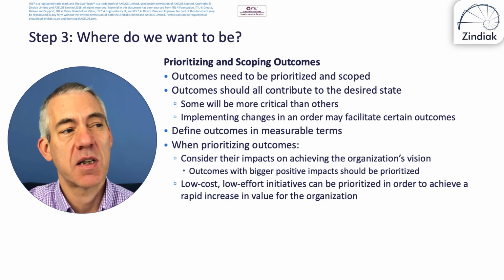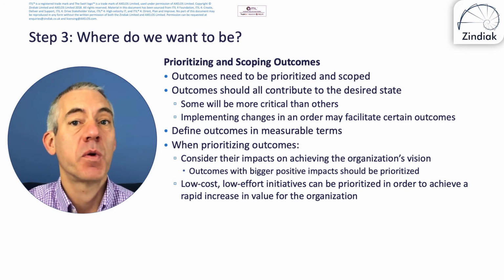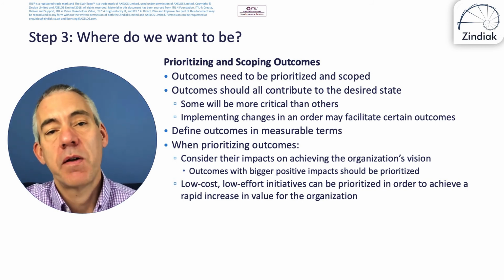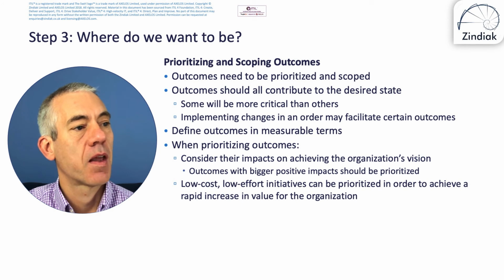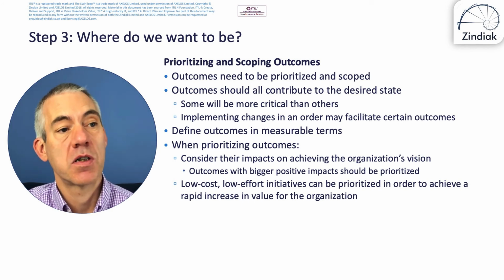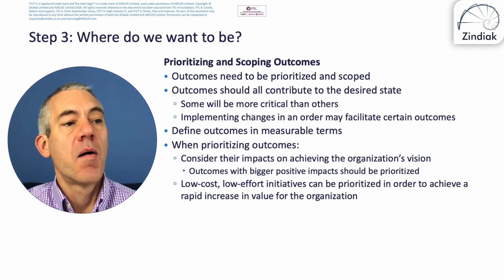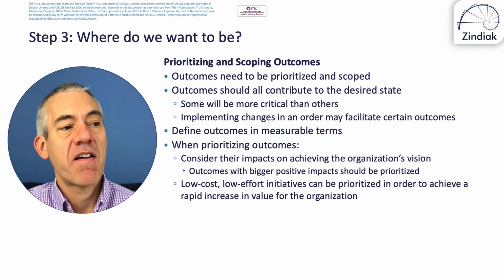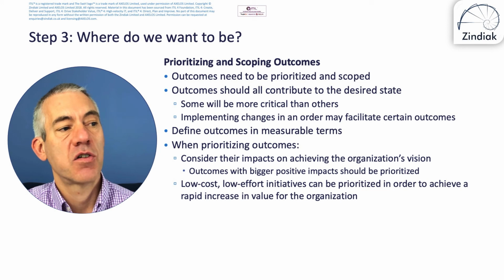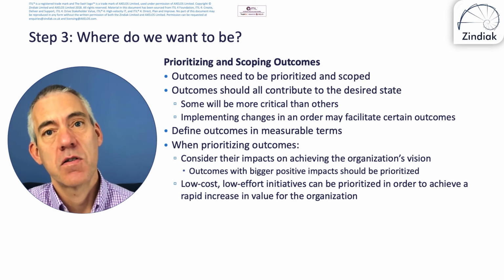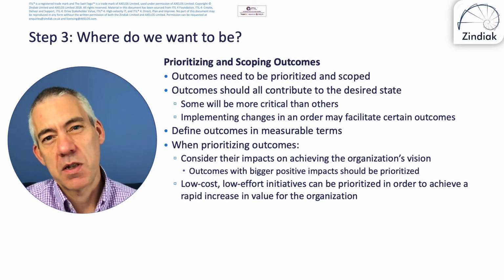So it's about pain. Priority can quite often be about the pain we feel if we don't deliver this, or the benefit we feel if we do deliver it. So outcomes with bigger positive impact should have a higher priority. But also low cost, lower effort initiatives can be prioritized in order to rapidly increase value for the organization, i.e. deliver quick wins.